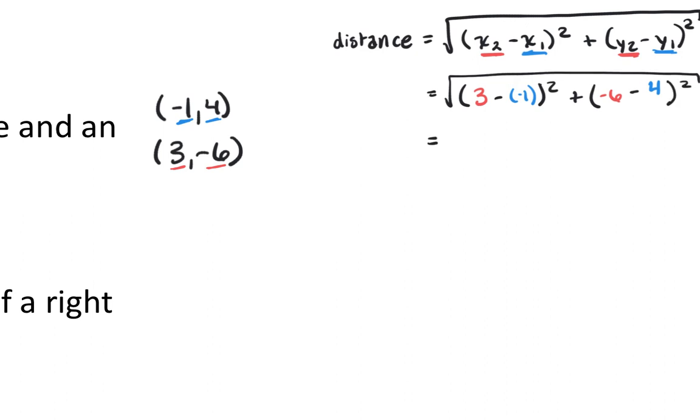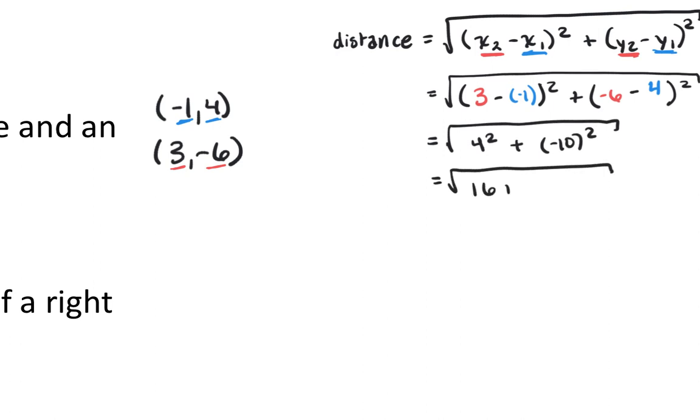And this will get us the square root of 3 minus a -1 is 4, so it'd be 4 squared, plus -6 minus 4 would be -10 squared. So this gives us 16 plus 100, or 116. And this would be our exact answer.